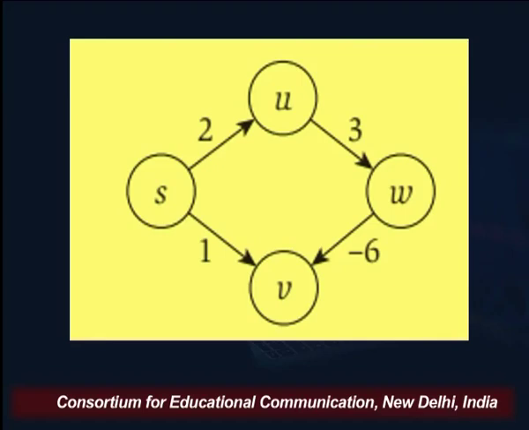Now, if we take the longer path, from S to U, U to W and W to V, we will end up with a total sum of -1, which is 2 plus 3 minus 6. So, that is the shortest path from S to V. These kinds of situations will be handled by the Bellman-Ford algorithm.